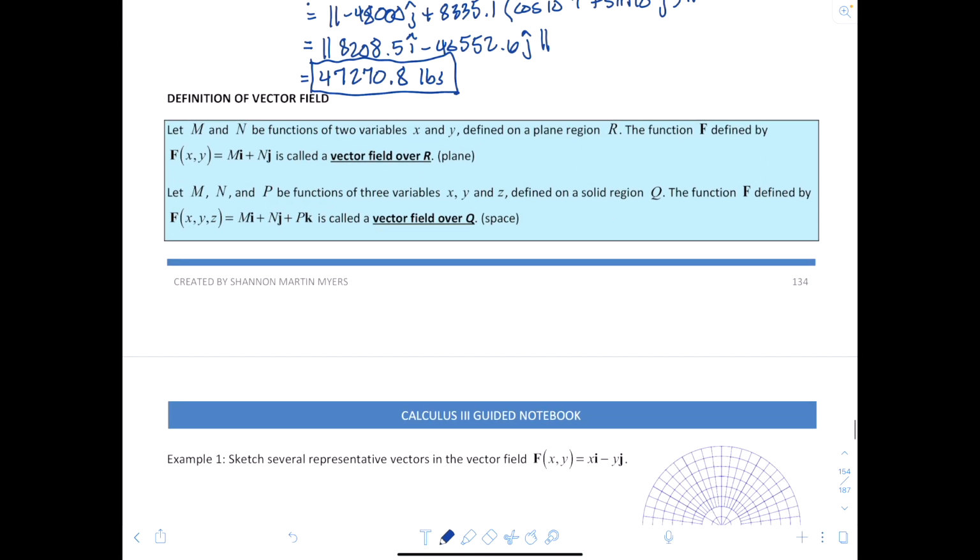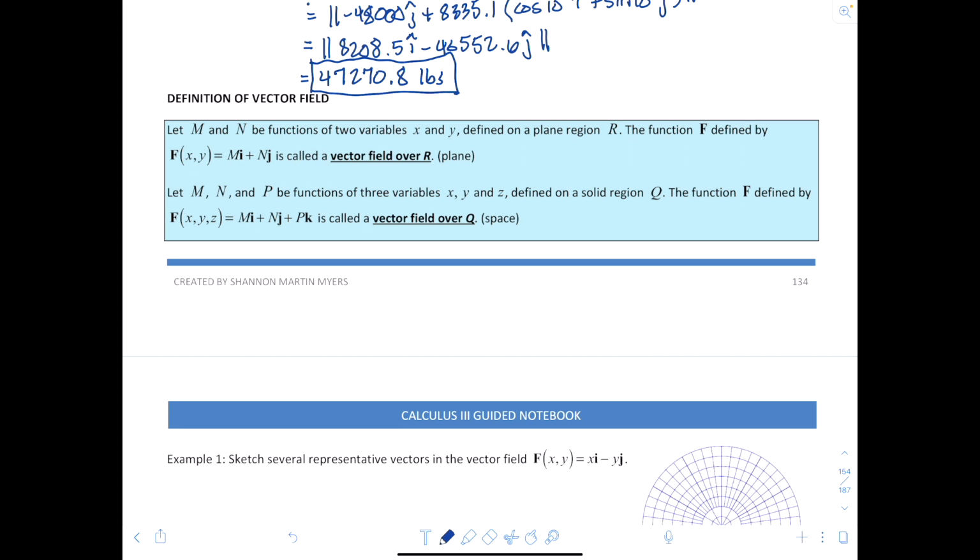Now let's look at the definition of a vector field. If we let m and n be functions of two variables x and y defined on a plane region R, the function f, a vector valued function f defined by f at x and y equal to m times the vector i plus n times the vector j, is called a vector field over R, and that's in the plane.